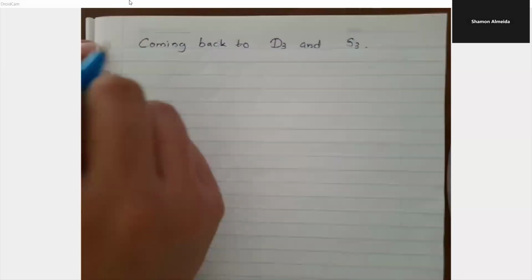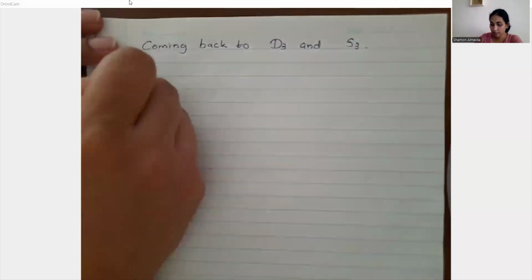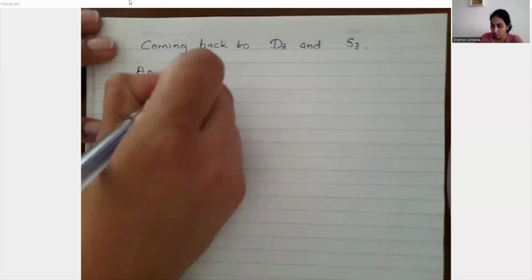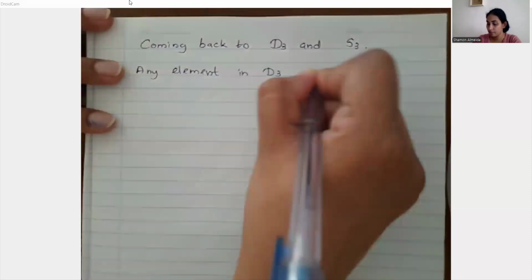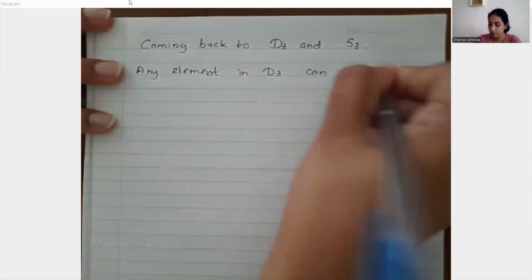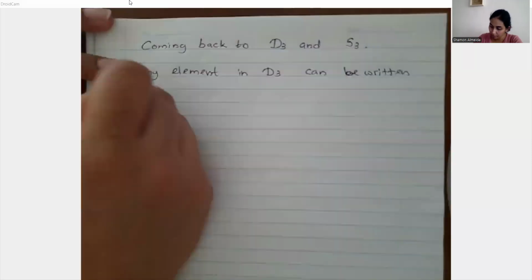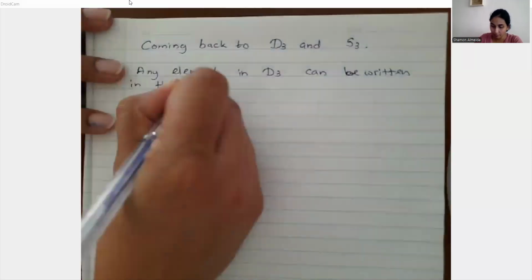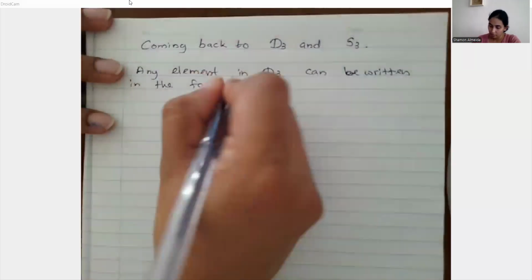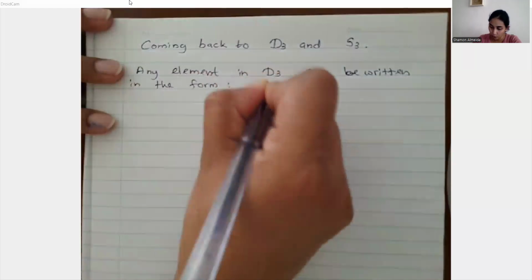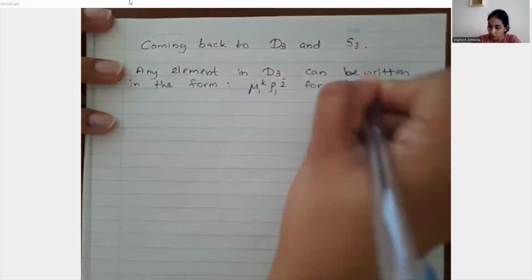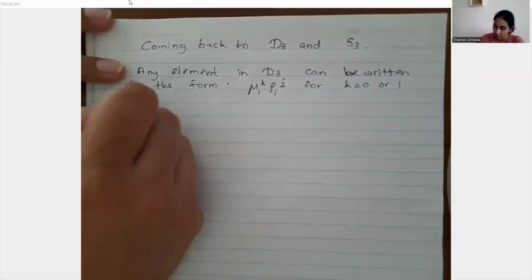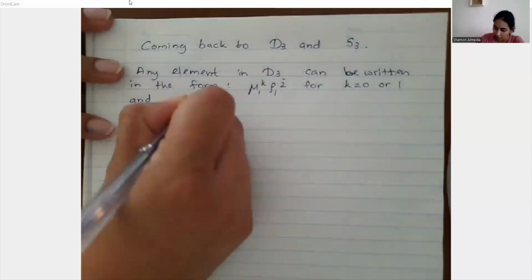Recall that any element in D3 can be written in the form mu1 to the k, rho 1 to the i, for k equals 0 or 1 and i between 0 and 2.